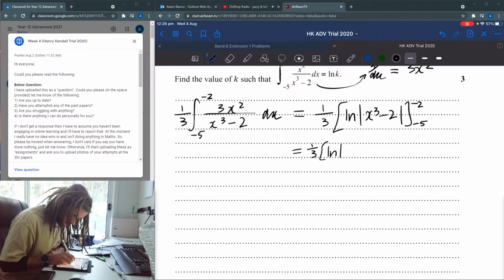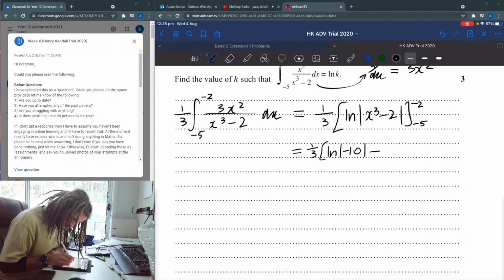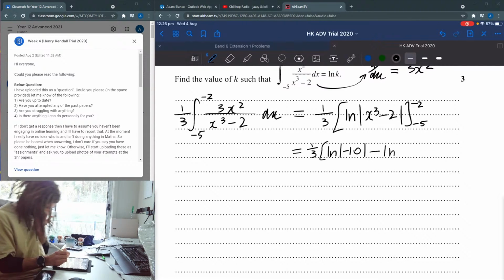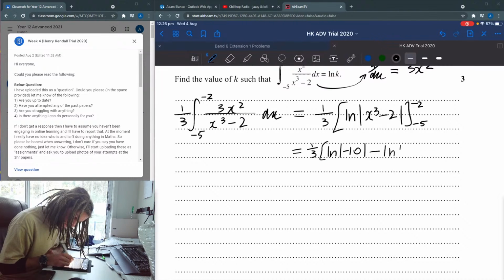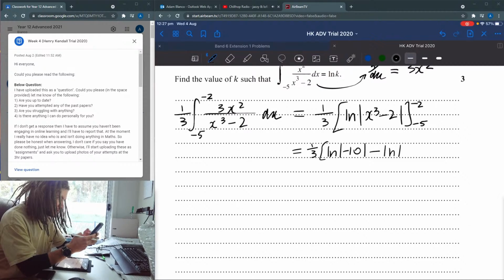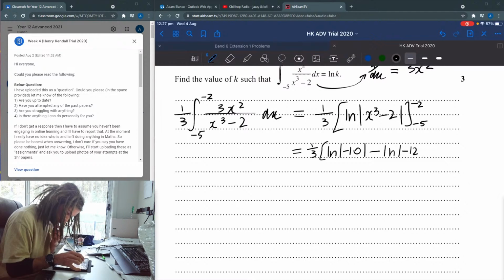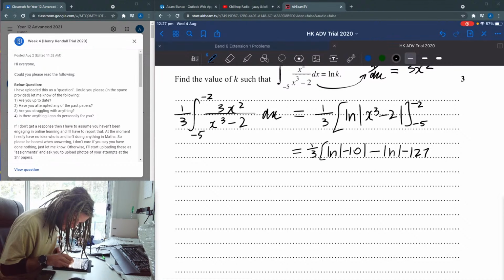Yeah, -8 minus 2, minus 10. Minus ln of, I hope I'm doing this right, minus 5 cubed. What's that? 5 by 5, it's 125. Should have known that. Minus 125 minus 2, minus 127.